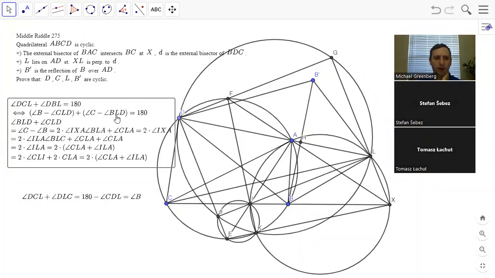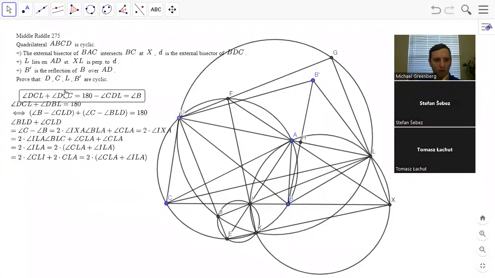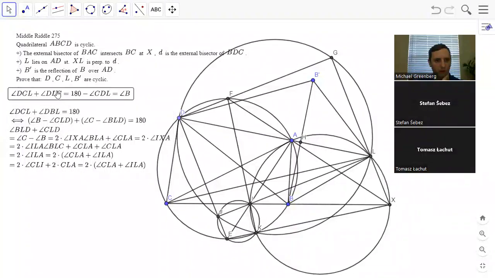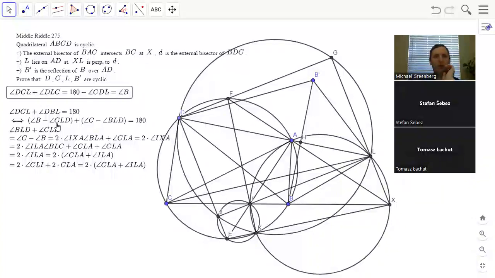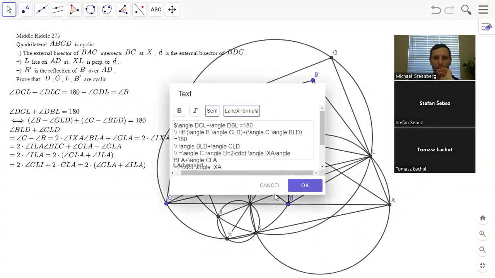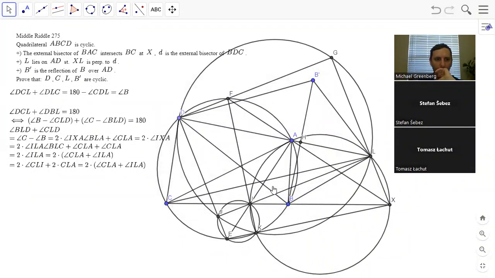Okay, so DBL. Yeah, that one will have 180 minus C. Actually, we have the same picture, I just got confused. Since B is on the right side instead of left in your picture, it is the same.